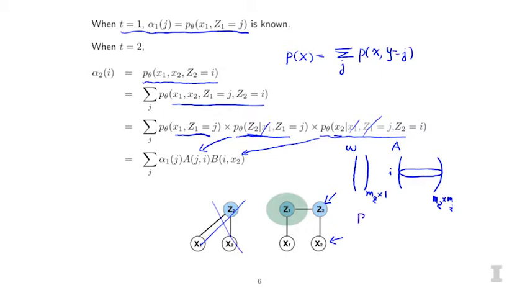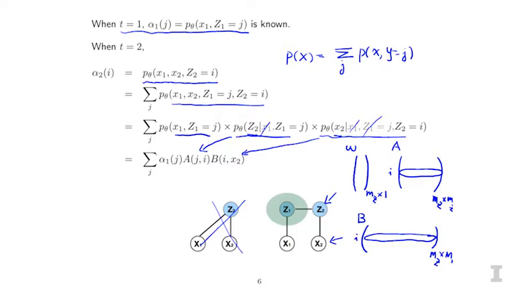And your emission probability B can be regarded as a matrix, which is m_z times m_x. It specifies the probability from Z to X. For example, the ith row of B states the probability of seeing one of the m_x different X values, conditioning on Z equal to i.